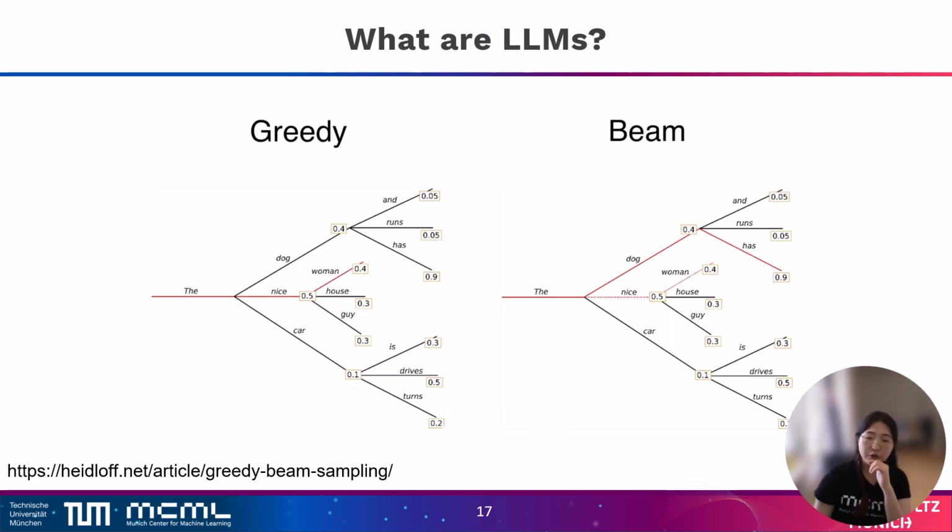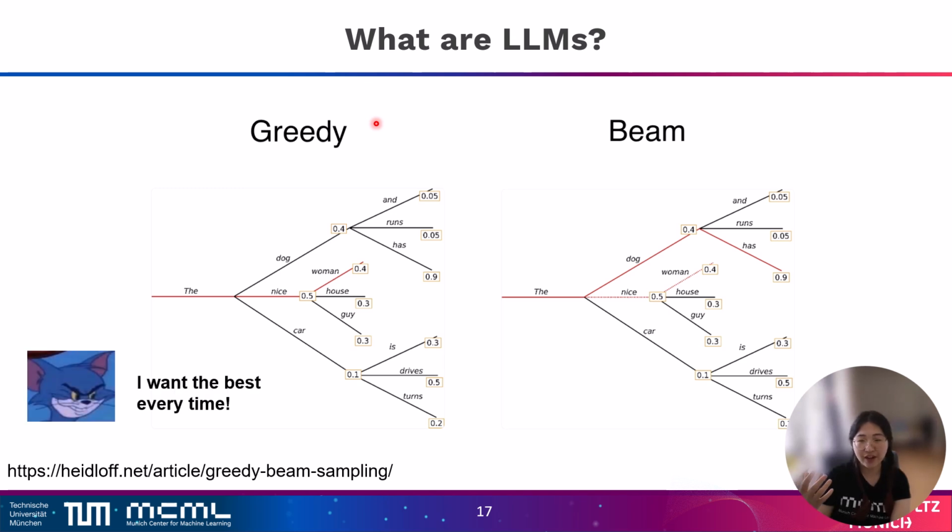Here I will introduce two really common, popular strategies in language models. I think most of us just use these two. One is greedy search. Because it's an introduction lesson, I will not go into the math in detail, so I will say it more in human words. Greedy search means that I want the best every time.